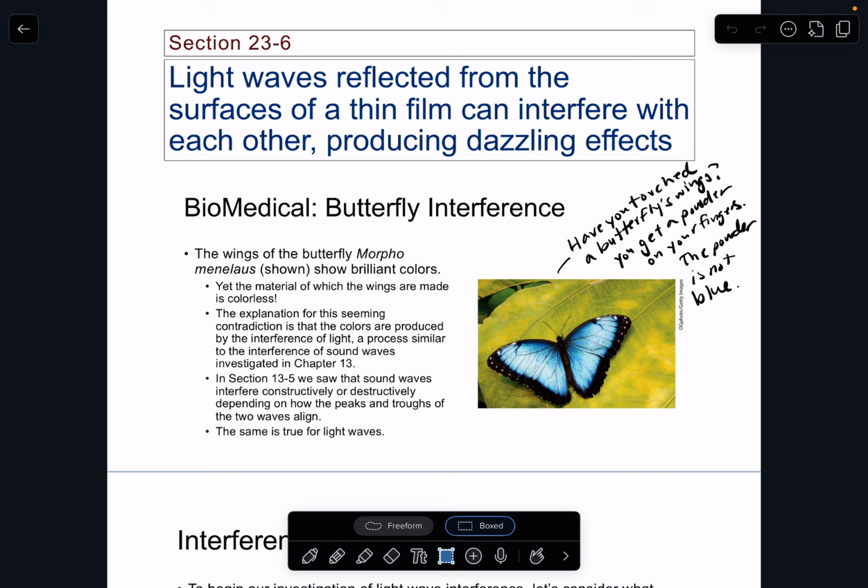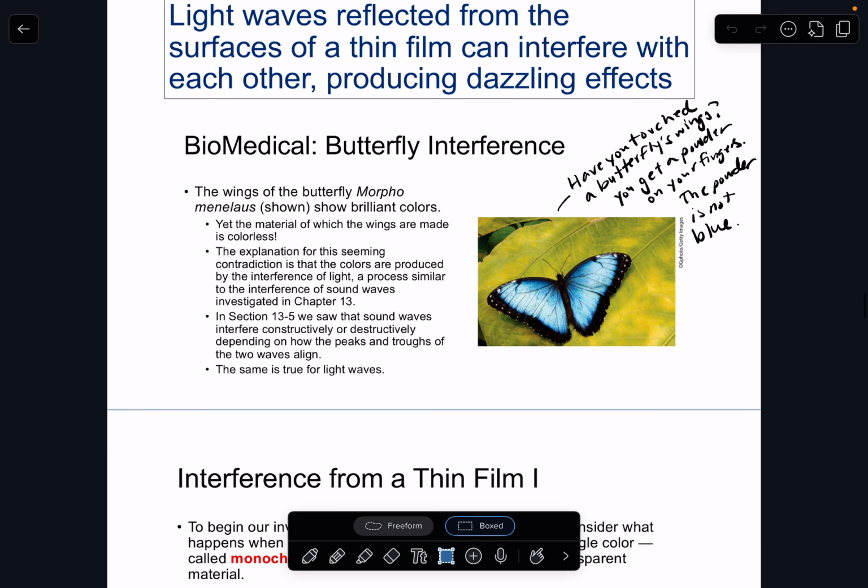So, for example, in this blue butterfly here, the dark blue regions have a thickness of the film where the wavelength of blue constructively interferes, okay? So we're going to examine those conditions that create constructive or destructive interference of certain colors.